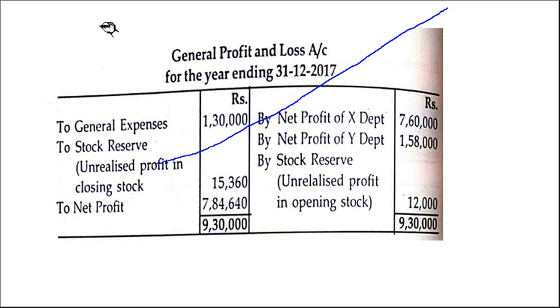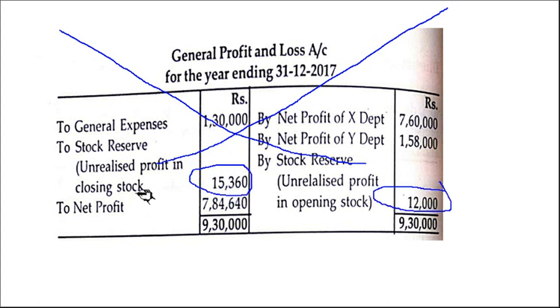Where will the opening stock be? Debit side, always, in the trading account. So we have to give the stock reserve on the credit side, to stock reserve, unrealized profit in opening stock. Clear? The same figures: 15,360, this is the closing, and 12,000, this is the profit included in opening stock.